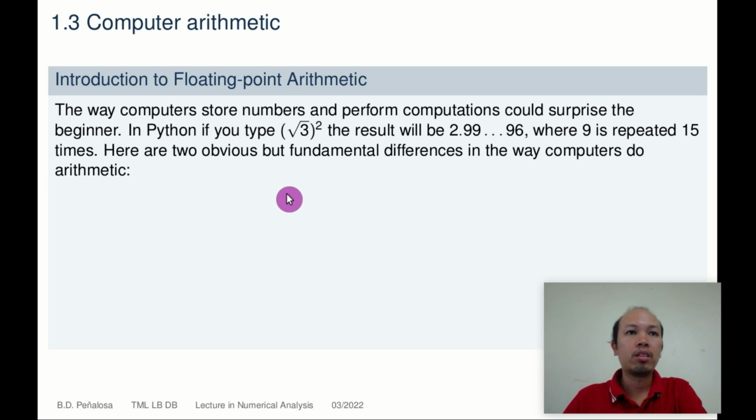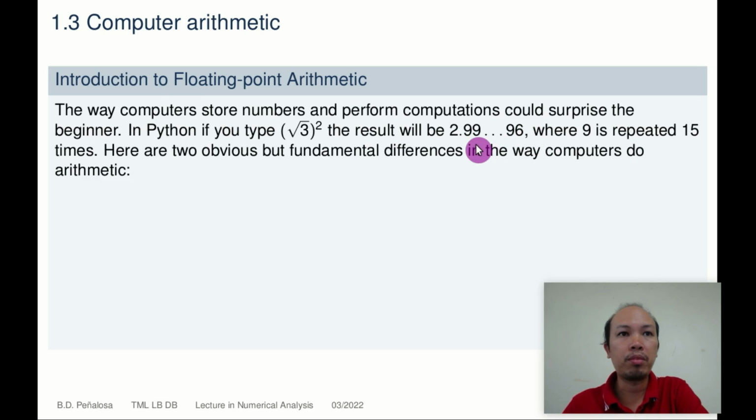So as you can see here, the way computers store numbers and perform computations could surprise the beginner. So in Python, as you can see, if you type the quantity of square root of 3 raised to the power of 2, the result will be 2.999 up to 96, where the 9s here are repeated 15 times.